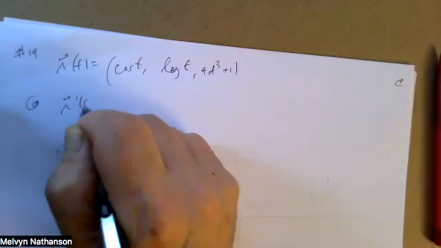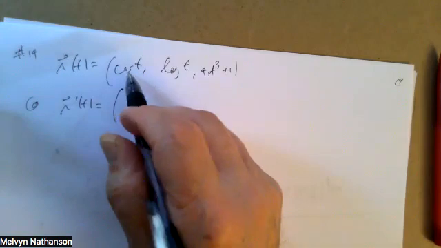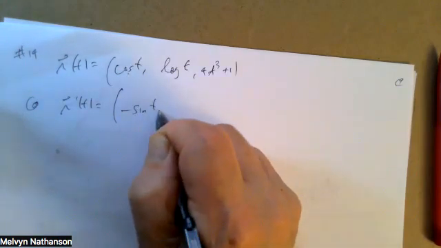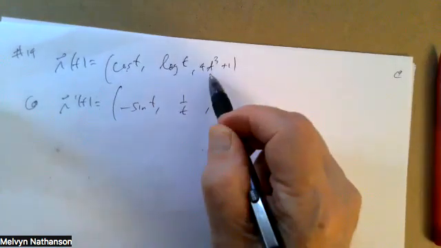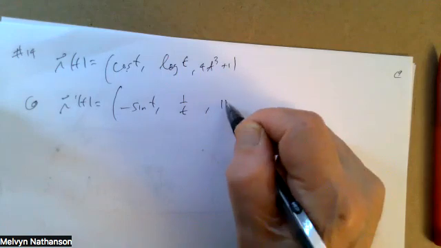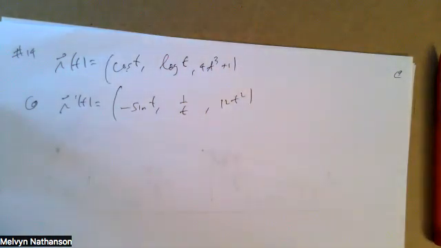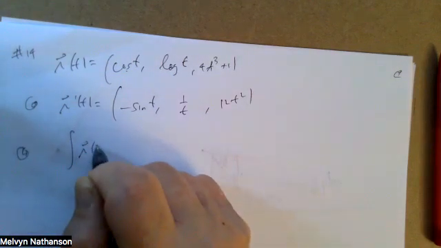So the derivative, you just differentiate each coordinate. Derivative of the cosine is minus the sine. Derivative of log t is 1 over t. Derivative of 4t cubed plus 1 is 12t squared. That's the derivative. What is the integral of R of t?